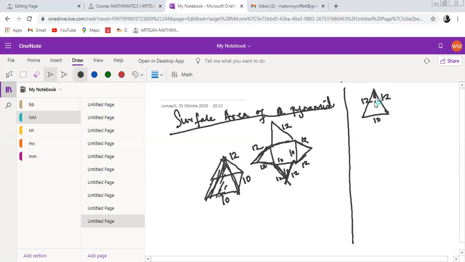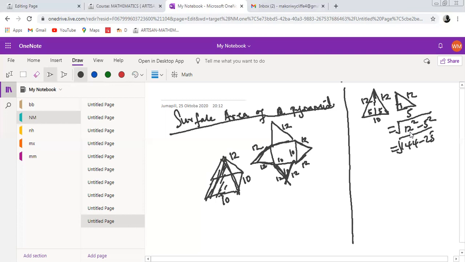So I can bisect this one so that it becomes 5 by 5, so that I have a right angled triangle here, with this side 5 and this 12. Am I not able to get this height through Pythagoras theorem? That height is going to be the square root of 12 squared minus 5 squared, which is the same as 144 minus 25. We take the square root.